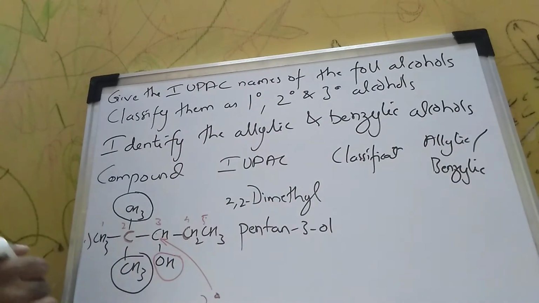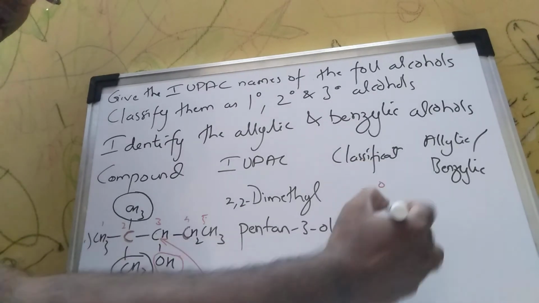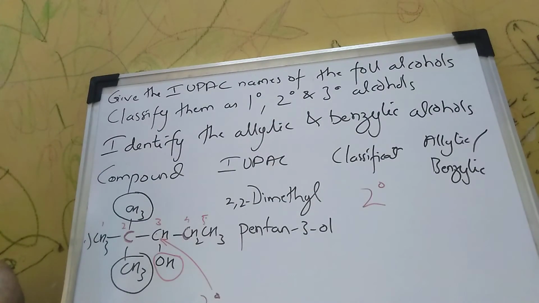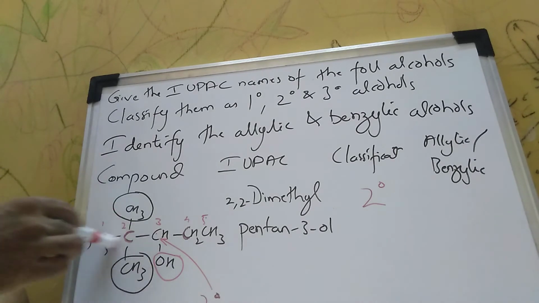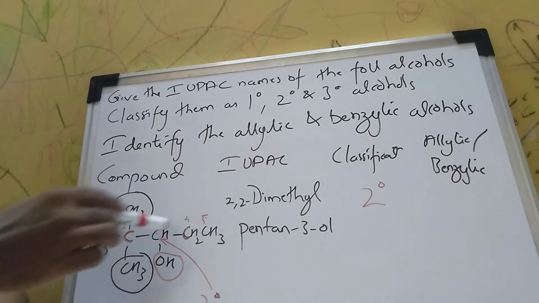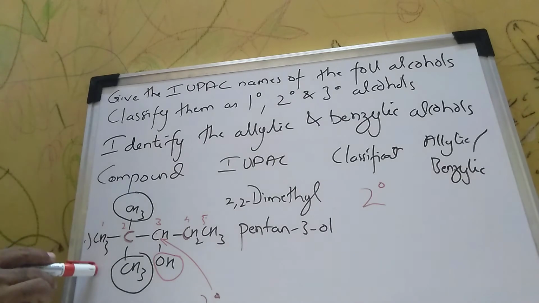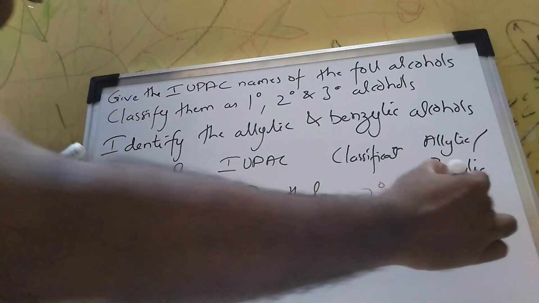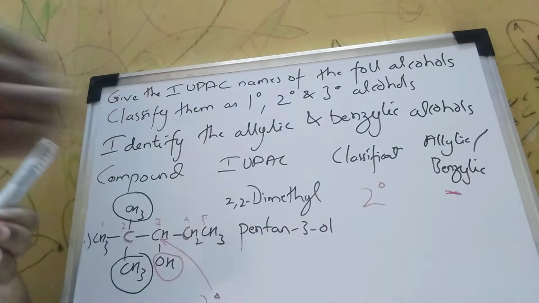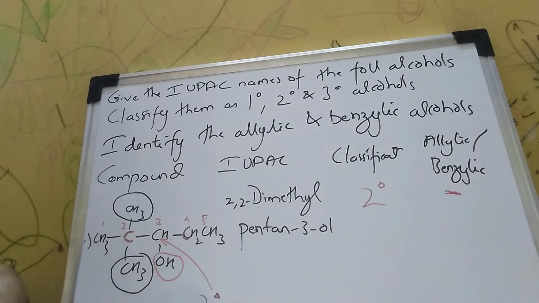So the OH is a secondary alcohol. Now this carbon is not attached to a double bond, neither on the right hand side. There is the presence of a benzene ring, so no allylic or benzylic classification.